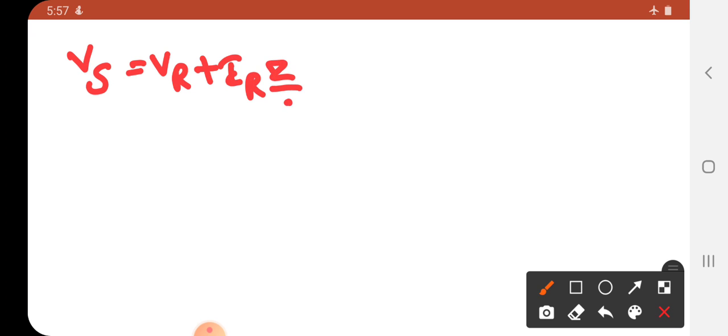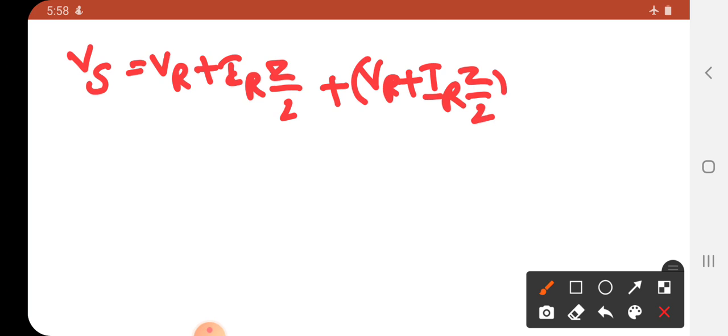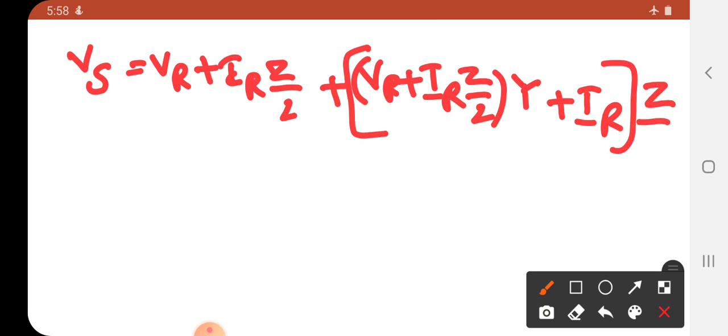That is Vs is equal to VR plus IR into Z by 2, again V1 into Y, that is VR plus IR into Z by 2 into Y plus IR, this whole into Z by 2.